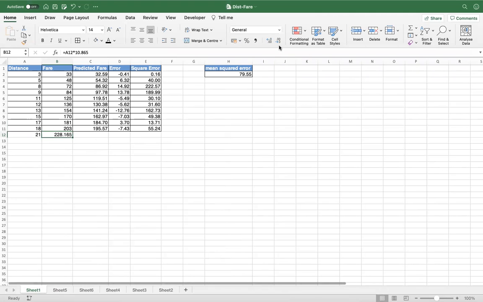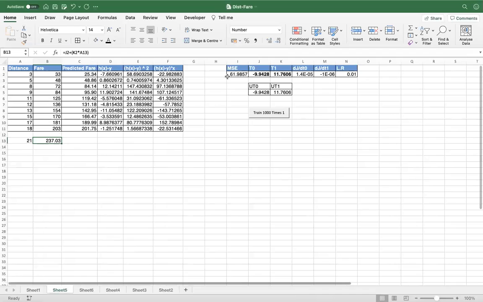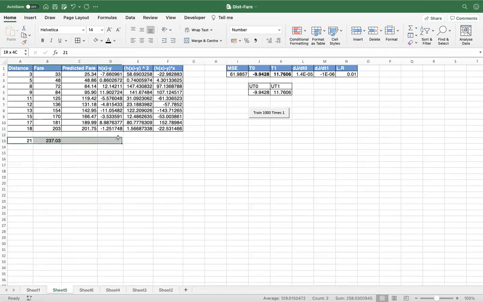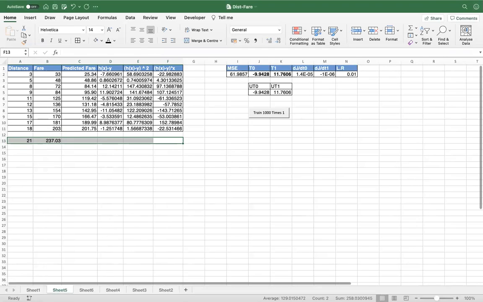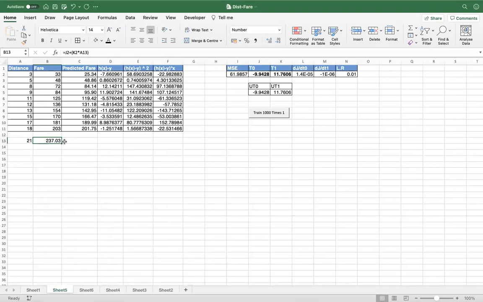In our average model it is showing 228, but our model is predicting 237. So based upon this data, for 21 kilometers you travel, 228 rupees is not sufficient. It is 237 rupees. Still it has error. It doesn't mean that it is perfect. Still we have error, but this is the best we can predict using a straight line.